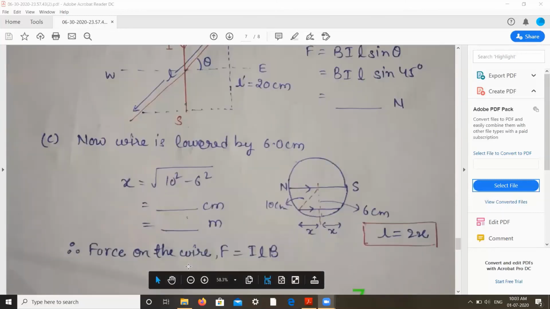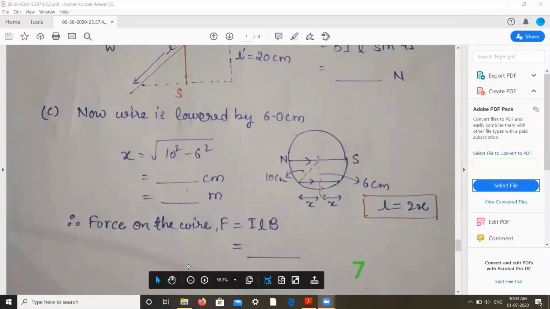So the next point is point C. Now what I am going to do, I have shifted my wire from the central point of the cylindrical axis, through which it passed earlier, and now you have to shift it by 6 centimeter. That means you are taking the wire near the edge of the cylindrical system.